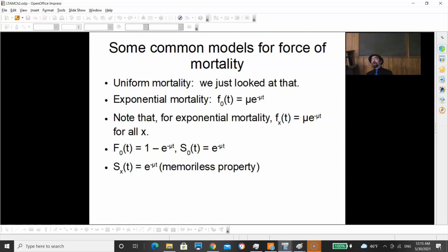Next, there's you're as likely to die on any date conditioned on surviving to that point. That would be exponential mortality, or sometimes called constant force of mortality. Under exponential mortality, f sub 0 of t equals mu e to the negative mu t, where this mu really is the force of mortality. Notice there's no mu sub x because it's a constant force of mortality.